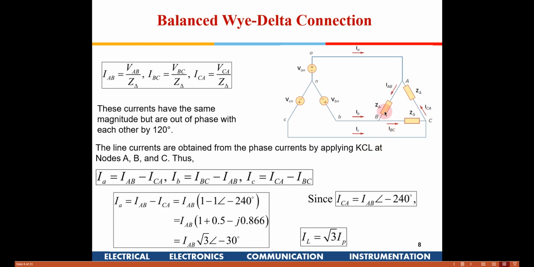In the previous case the line current and the phase current were the same. Here it is not going to remain the same, but if you see this line current which is coming here, it is actually getting distributed into two out here, right?